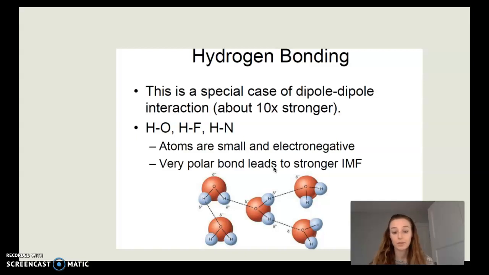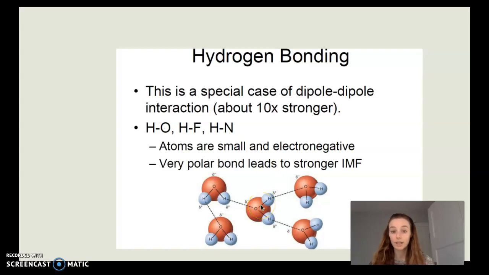This is an intermolecular force between a hydrogen in one molecule and an oxygen in another molecule, or between hydrogen and fluorine in two different molecules, or hydrogen and nitrogen between two different molecules. This is because these atoms are small and electronegative. A very polar bond leads to an even stronger intermolecular force.